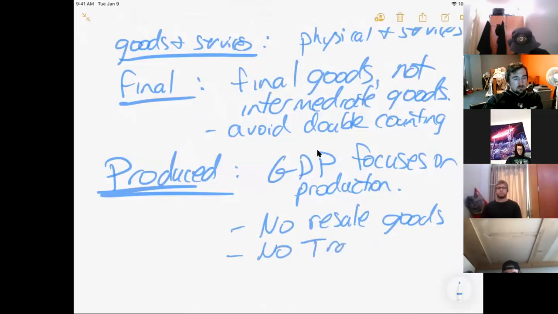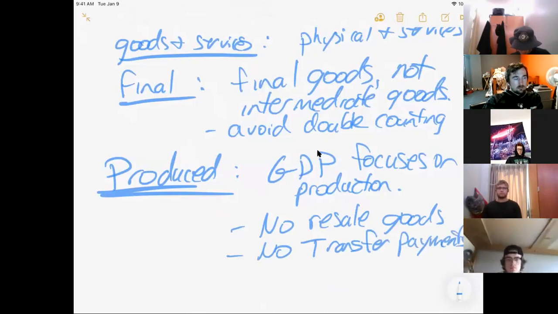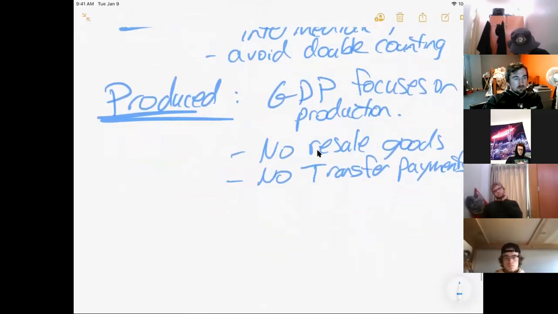No transfer payments. Anything that involves just a transfer of money from one person to another is not included in GDP. If your grandma sends you $10 for your birthday, that's not included in GDP. If the government sends you a Social Security check, that's not included.